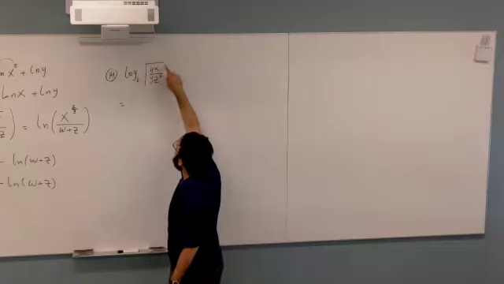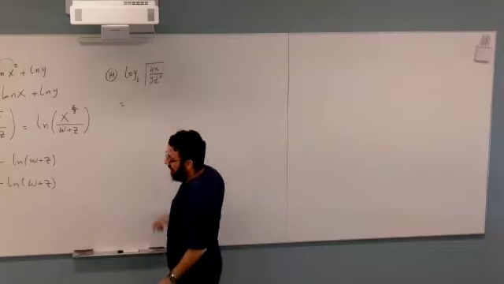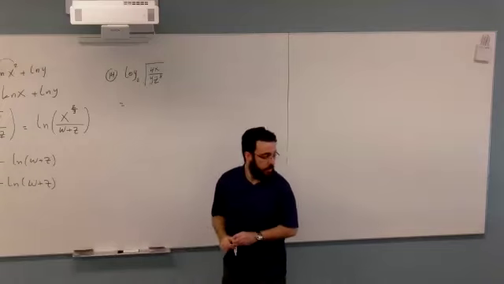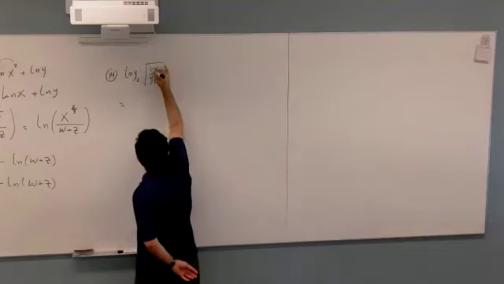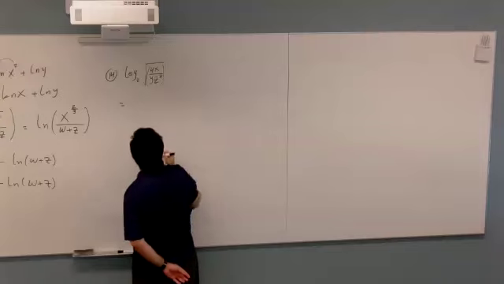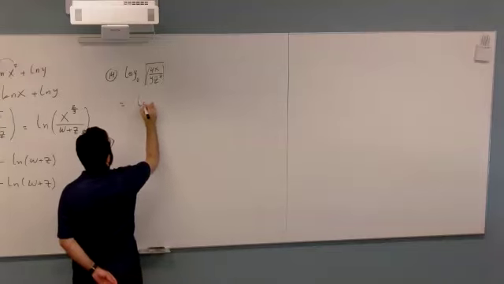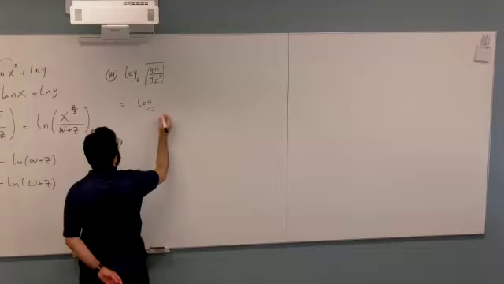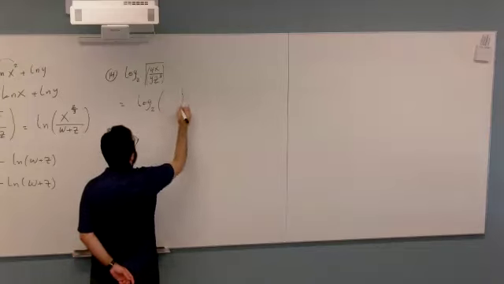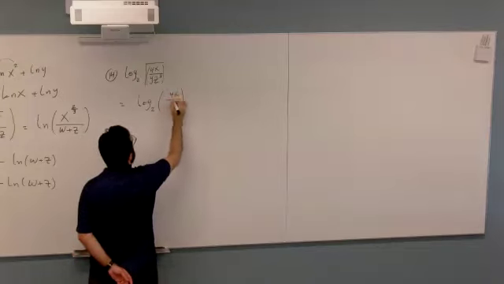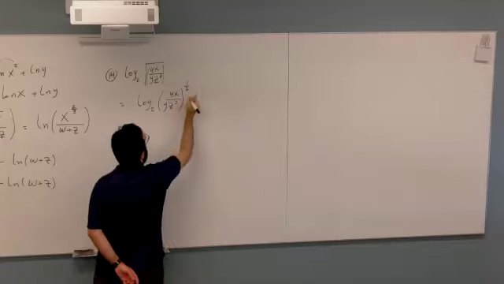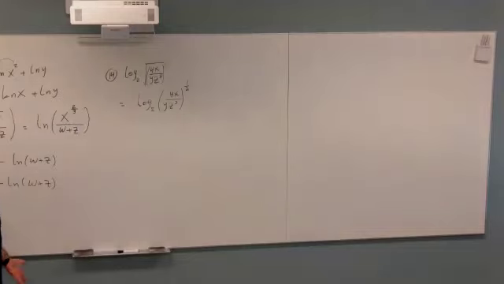The whole thing here, what is the exponent? 1. That means you can write the whole thing to the power of 1. So I'm going to say it's log to the base 2 of everything here, which is 4x over y z cubed, to the power half. Now, is that okay?